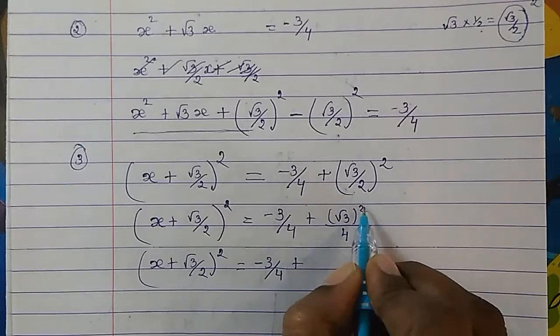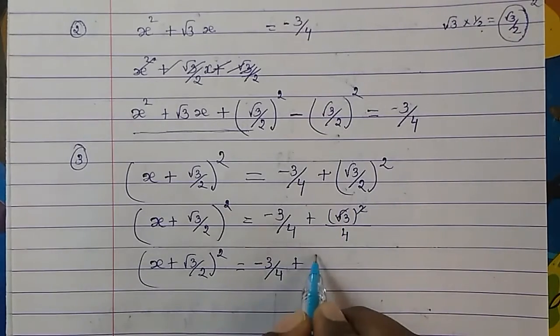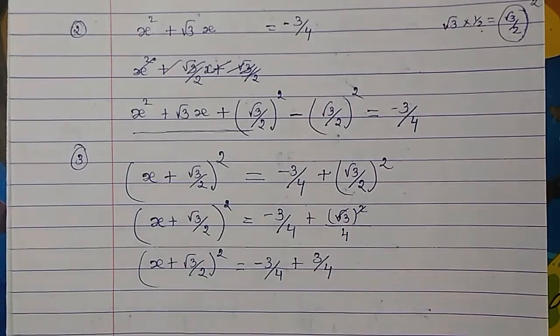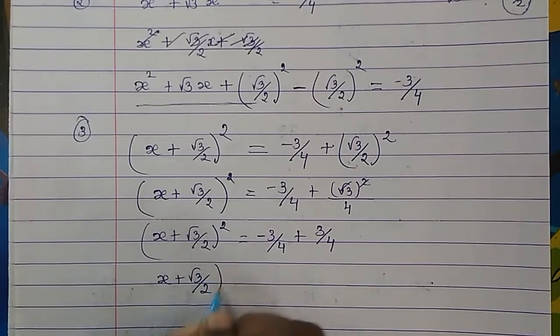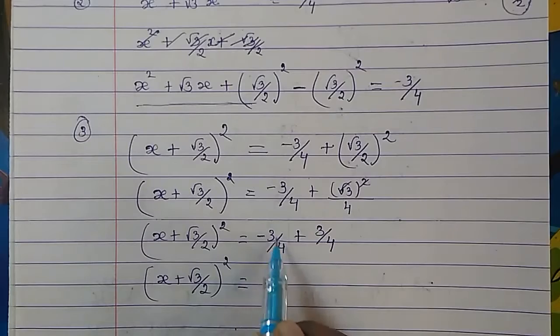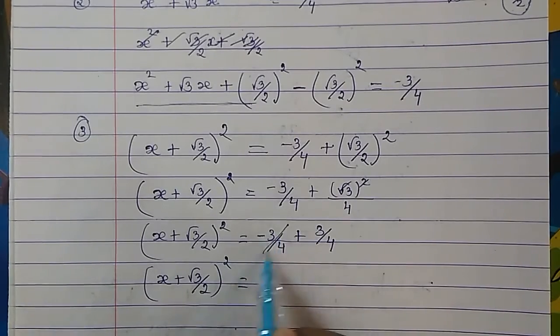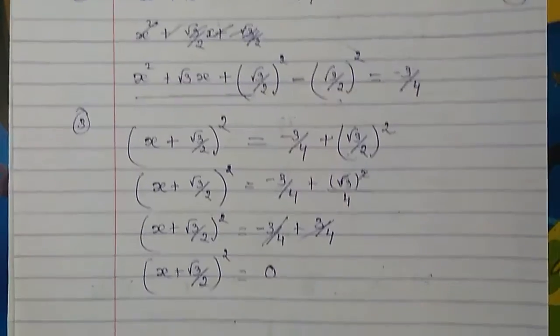Now square goes means root will go, so you'll get 3 upon 4. So now this is in minus, this is in plus, gets cancelled, so you'll have 0 here.